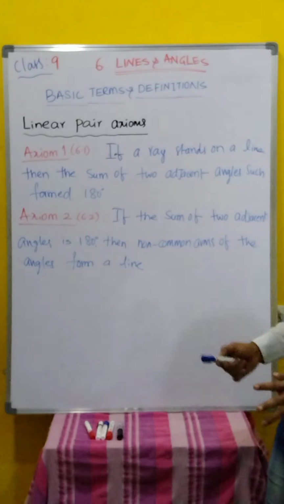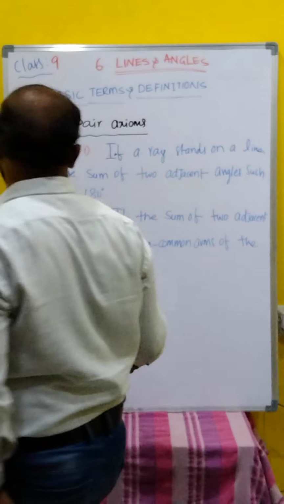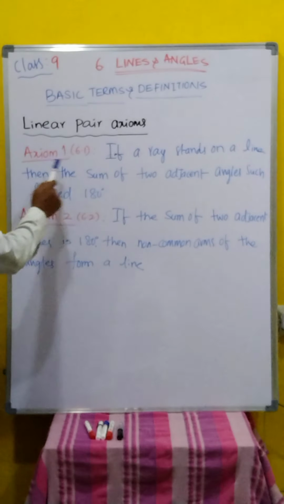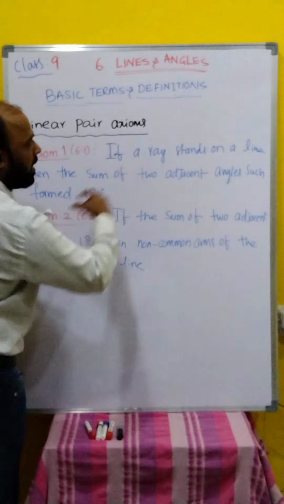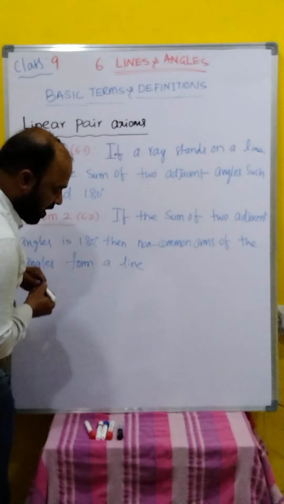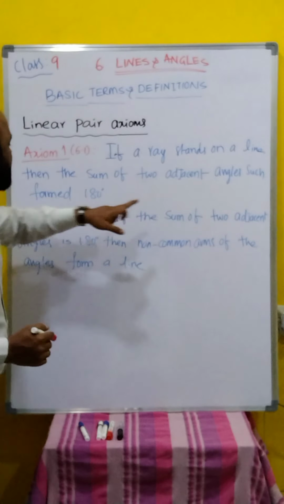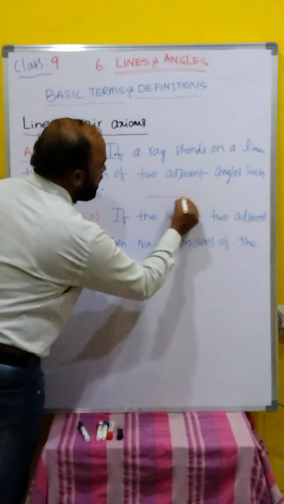In the same way here also, axiom 1 we will learn. Axiom is a universal truth. Axiom 1: if a ray stands on a line, then the sum of the two adjacent angles so formed is 180 degrees. Just now we did it.